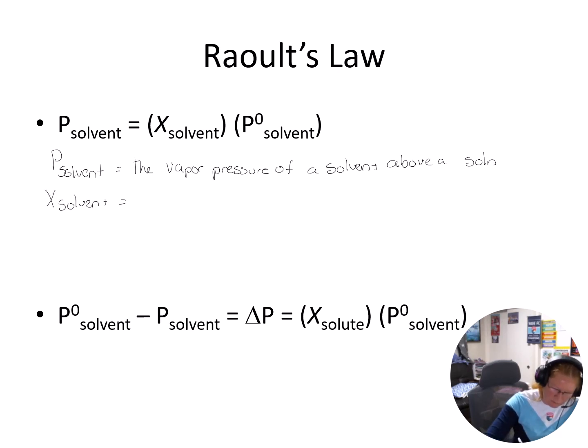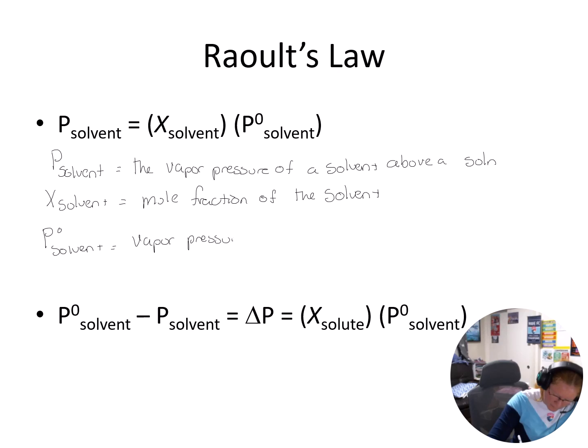X solvent is the mole fraction of the solvent. And this P naught is the vapor pressure of the pure solvent.